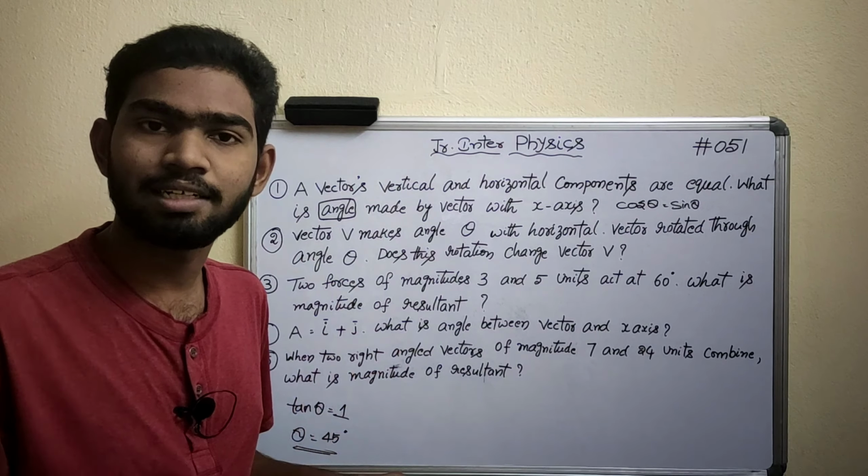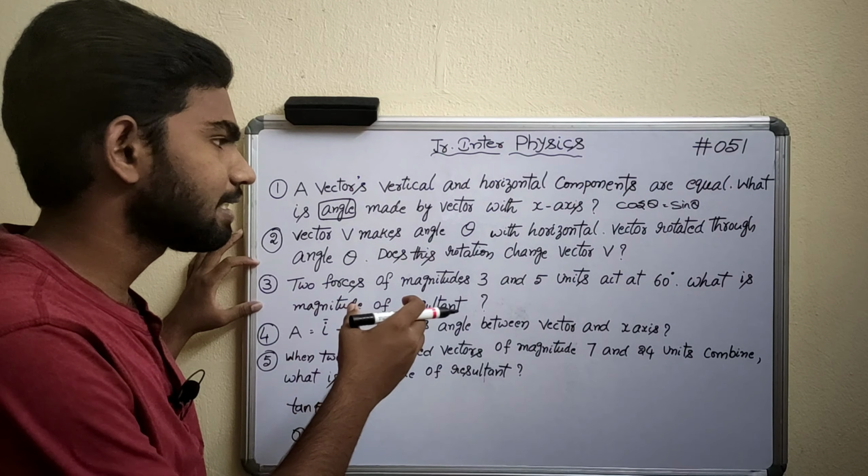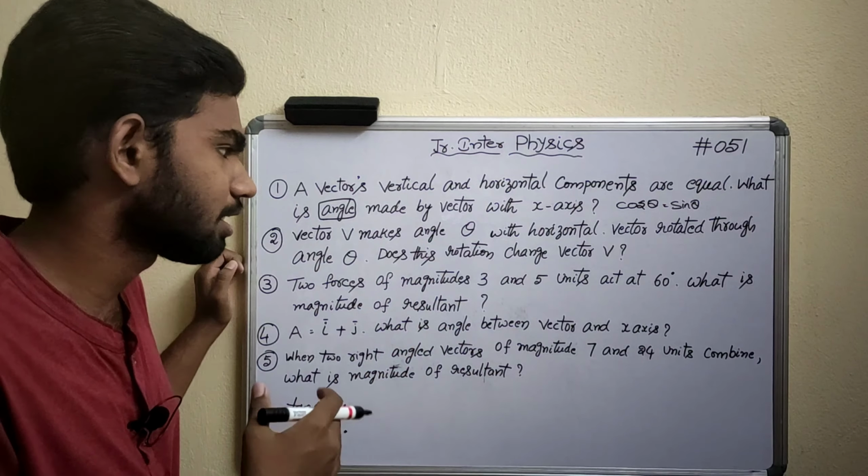Yes. So when it is at 45 degrees, this is one vector, and when it is rotated through a theta angle, that means it rotated 10 degrees more. That means 55 degrees. So the vector changes. The answer is yes. The vector changes when the angle theta is rotated with respect to the vector.